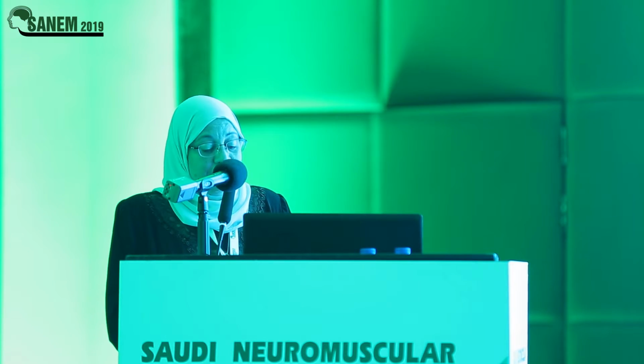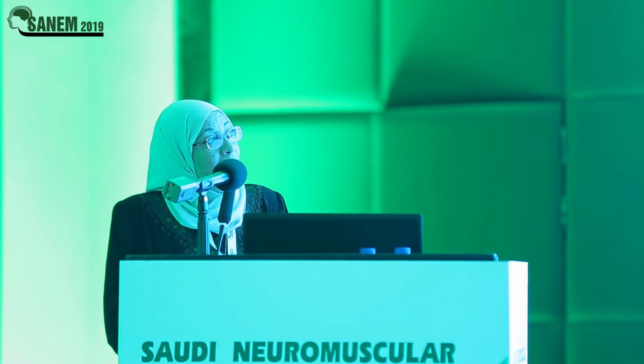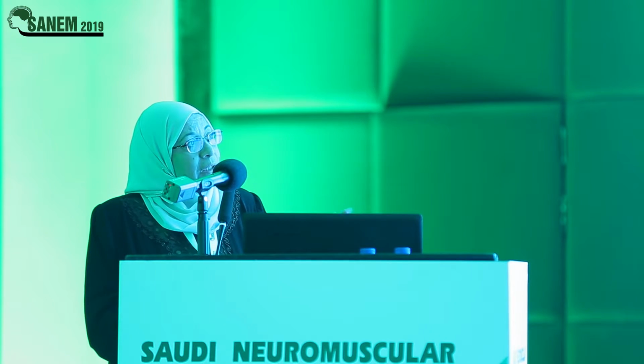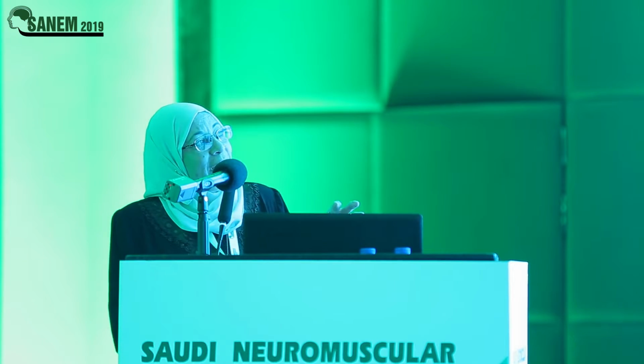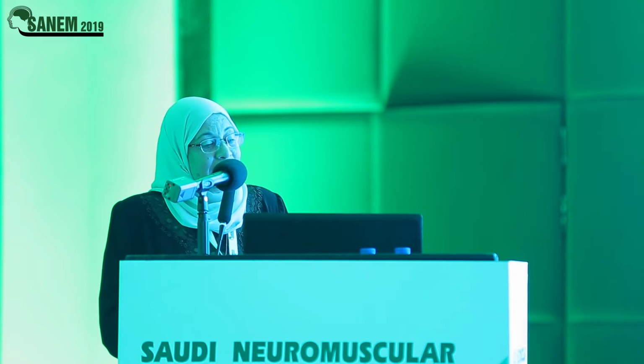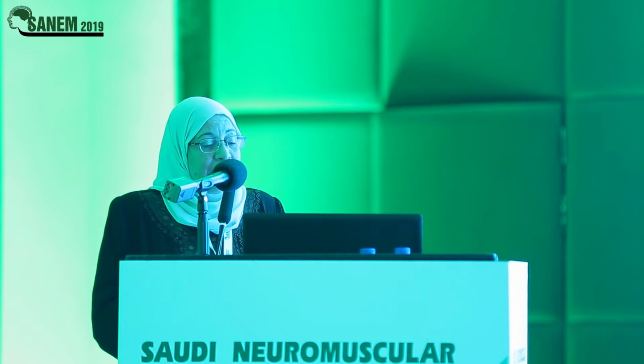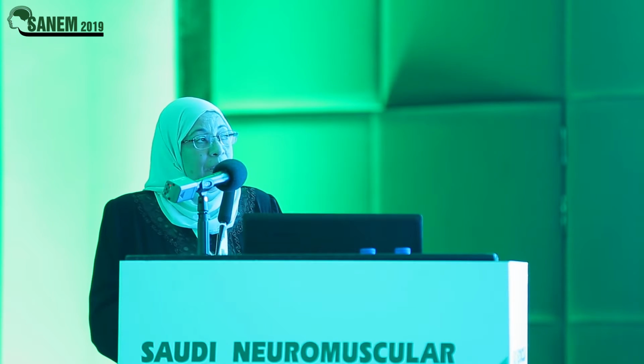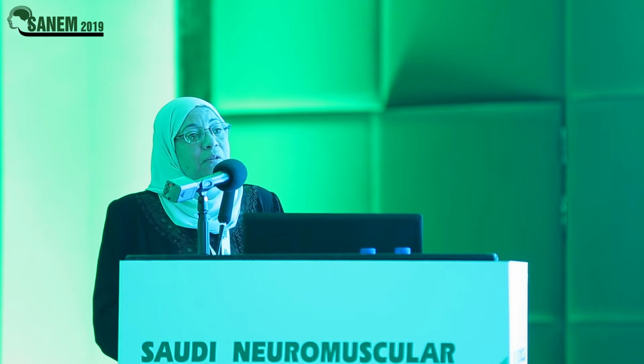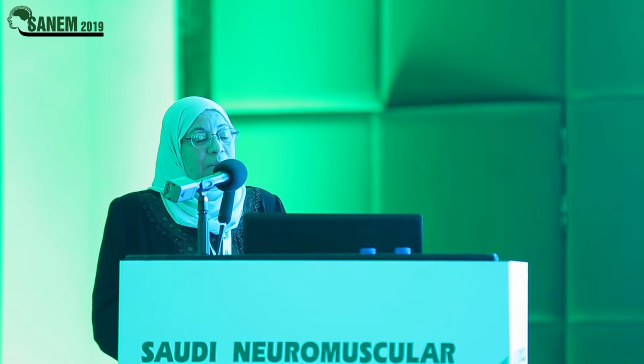And here, this table is slightly complicated, but what is most important is that in 4 patients who had no deletion or duplication in MLPA, I did muscle biopsy and immunohistochemistry, and these 4 patients were definite Duchenne or Becker, but after we did next generation sequencing, we didn't find any mutation.